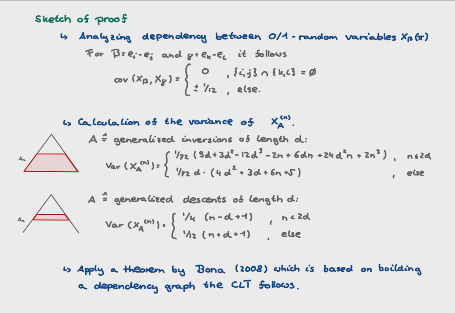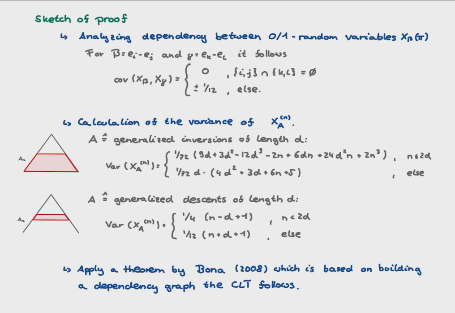It turned out that in case the indices of two given roots, for example e_i minus e_j and e_k minus e_l, intersect, the corresponding variables are dependent. The concrete value of the covariances, especially its sign, is still dependent on other criteria of the chosen roots.